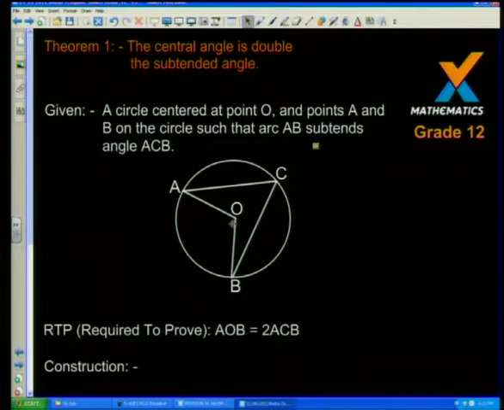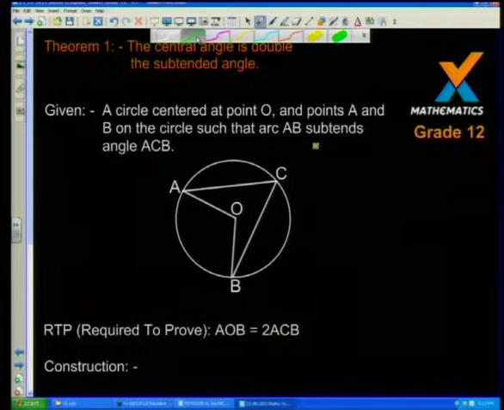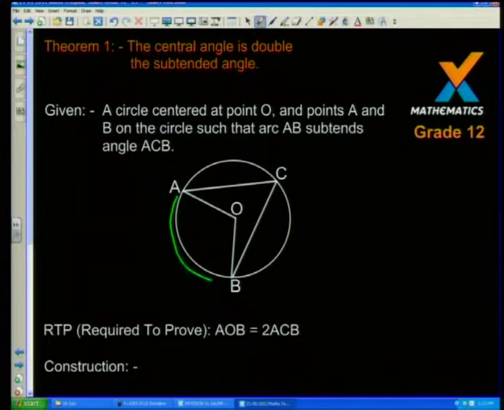Earlier on, Heather specified this as the arc in a circle. Now, we're saying this arc is subtending an angle on the circumference, for instance, and it's also subtending an angle at the center.